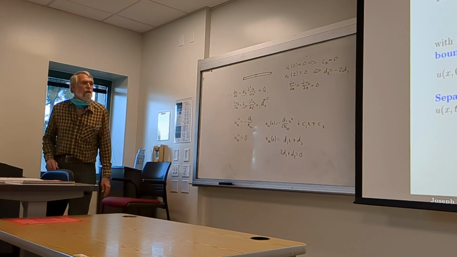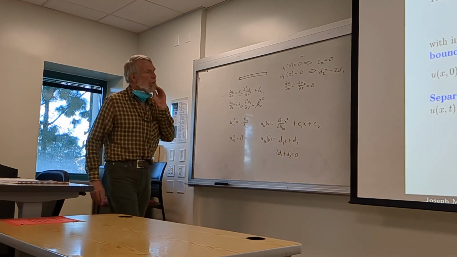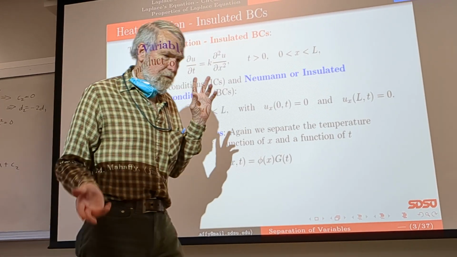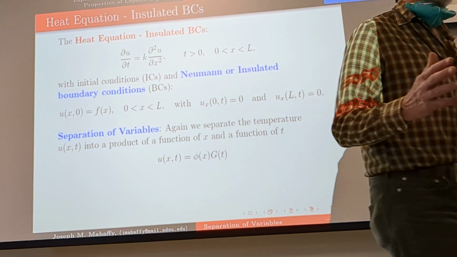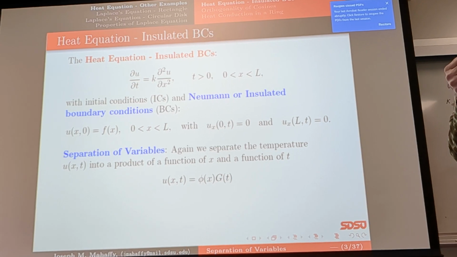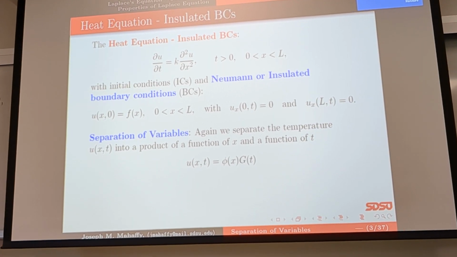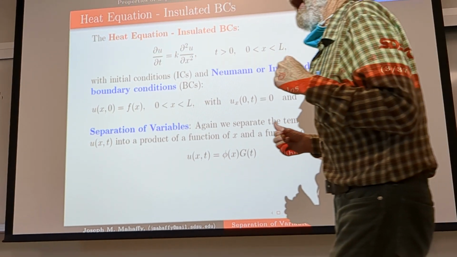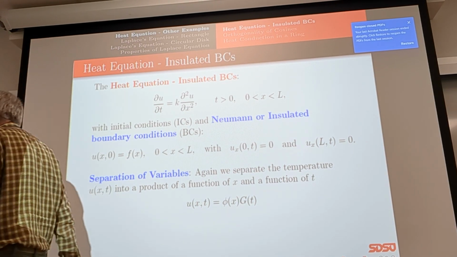All right, so reminder, last time the first problem we worked was the nice basic heat equation with the Dirichlet homogeneous conditions on each end. In other words, we're keeping each endpoint at temperature 0. Nice, easy one. And that gave rise to what series?